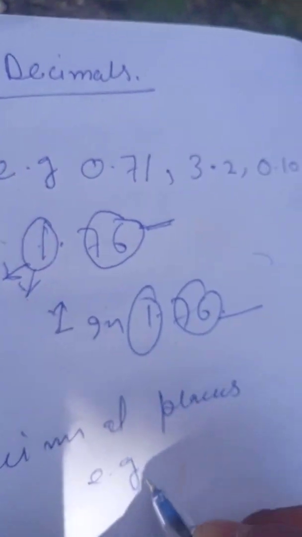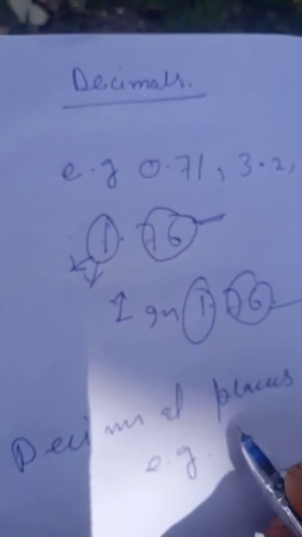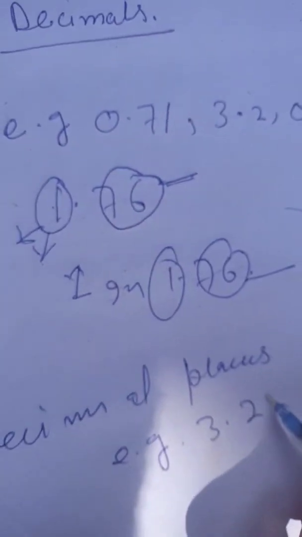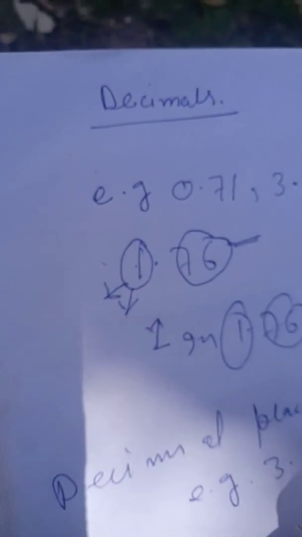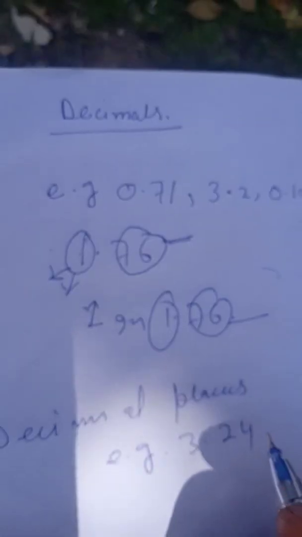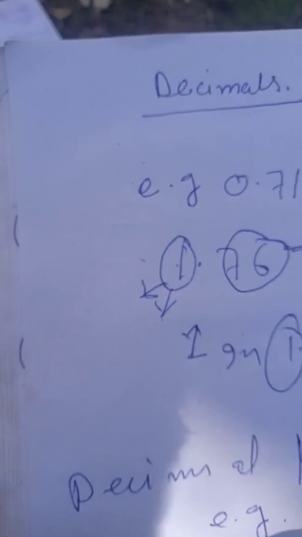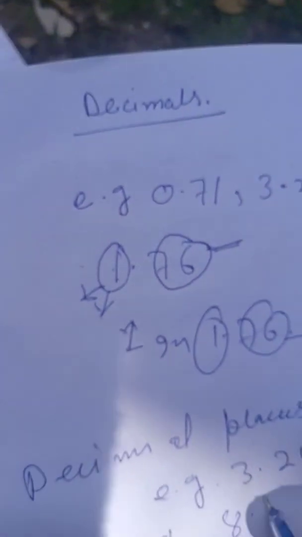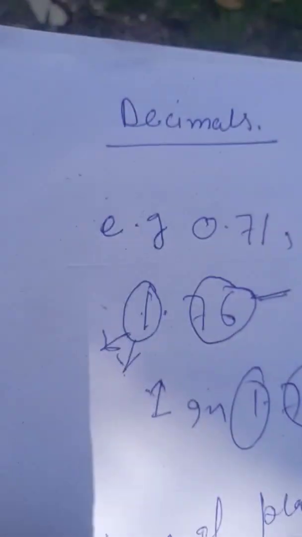For example, 3.24. 3.24 in these numbers has two decimal places, and 8.126 has three decimal places.